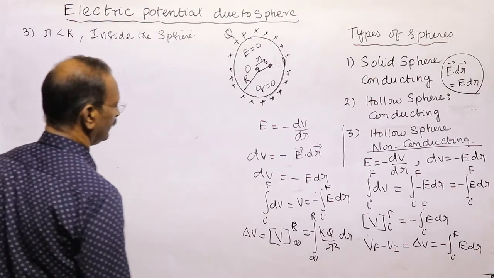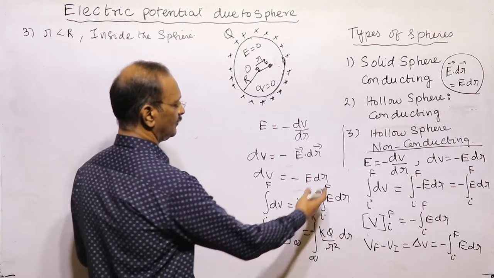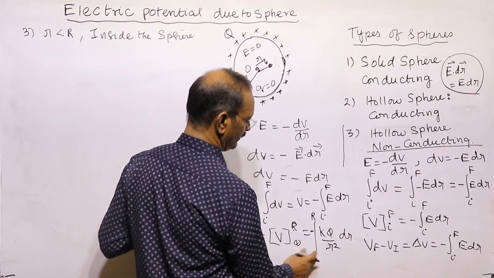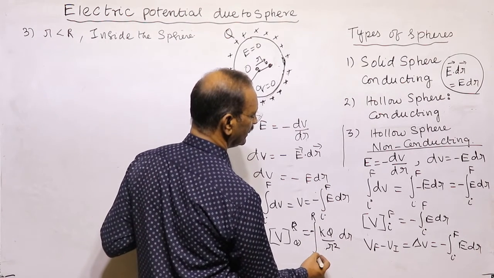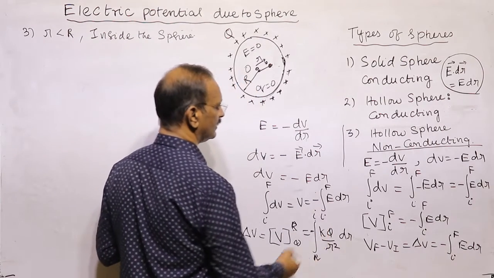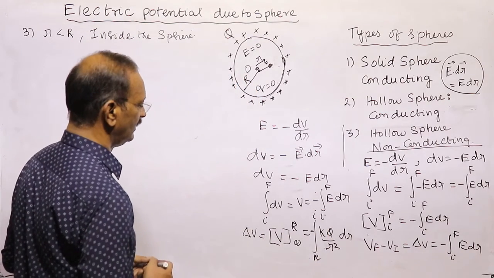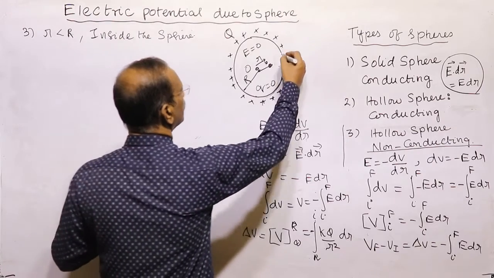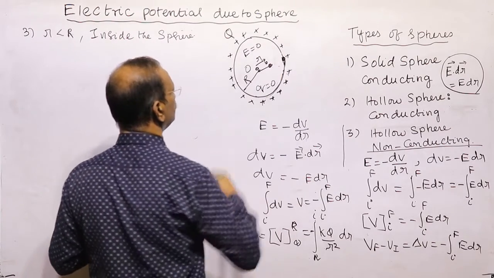Now here the limit is initial to final. In the limit we are bringing it from the surface up to inside, because we are bringing it from here to here.